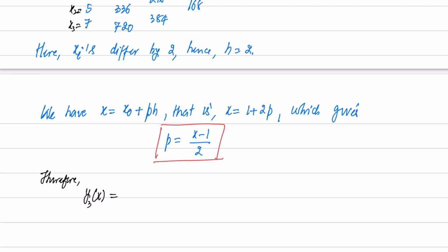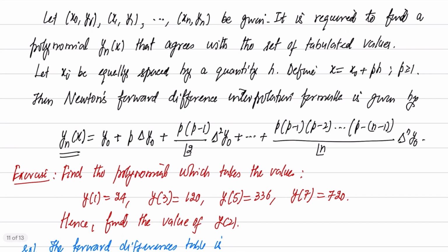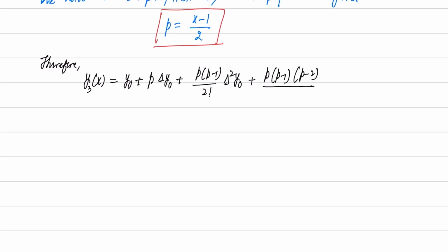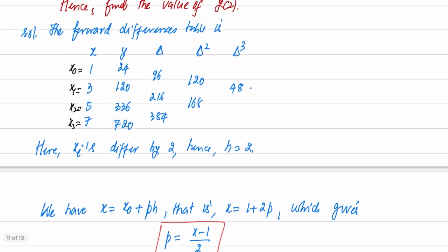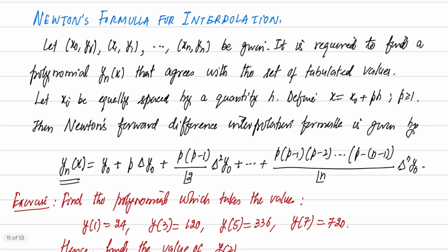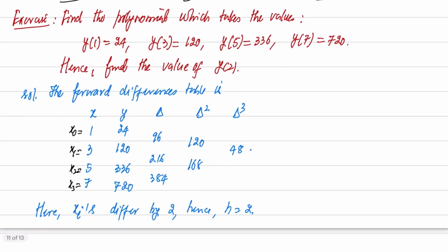So our y3 of x will be equal to, first of all, y0 plus p delta y0 plus p into p minus 1 divided by 2 factorial delta square of y0, then plus p into p minus 1 into p minus 2 divided by 3 factorial delta cube y naught. And our Newton's interpolation formula goes up to delta power n if we are given the points from x0 to xn. So yn goes from y0 to delta n.